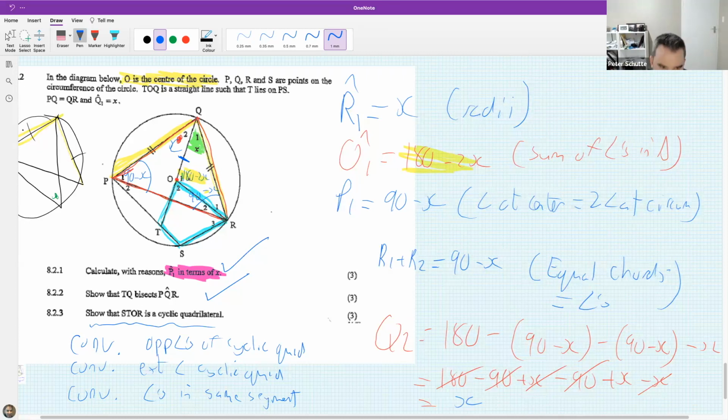Now, I think opposite angles are going to be quite helpful. Would you agree with me that there is already a cyclic quadrilateral? And that cyclic quadrilateral is this, this, this, and this.